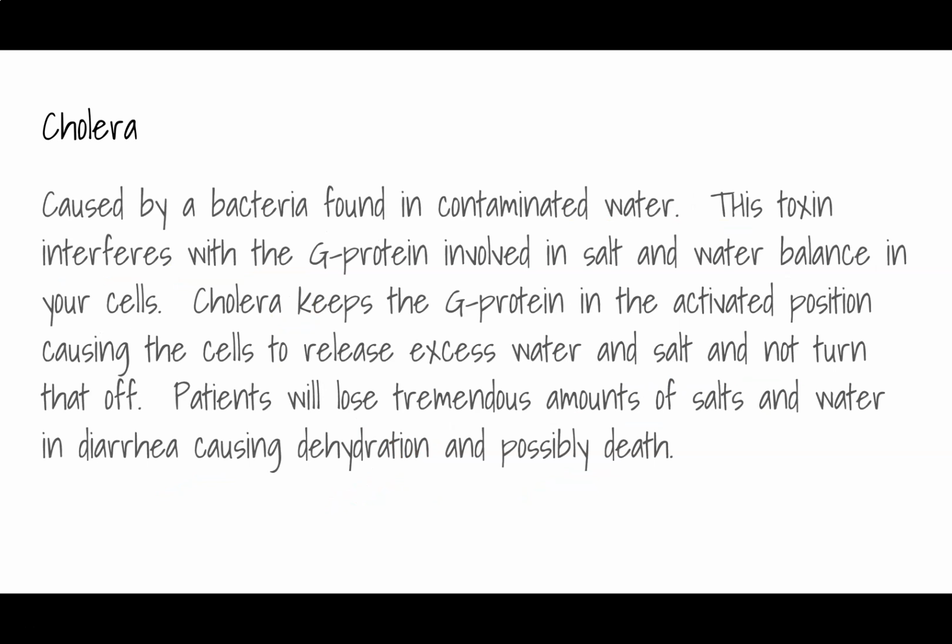Now this one here, these are some just specific examples, but cholera is a bacteria. And if you drink water from a weirdo stream somewhere in the middle of a place where you're not really in charge of what's up, it messes up the G protein. Well, what does the G protein do? It is going to, in essence, start this whole cascade.